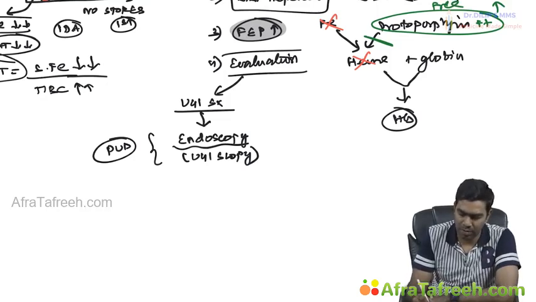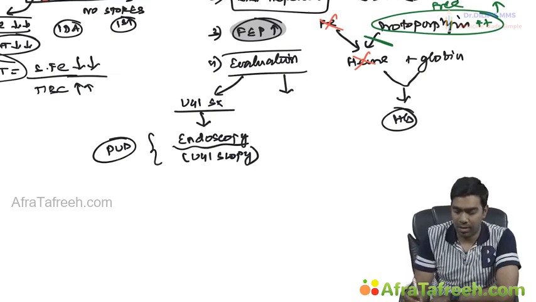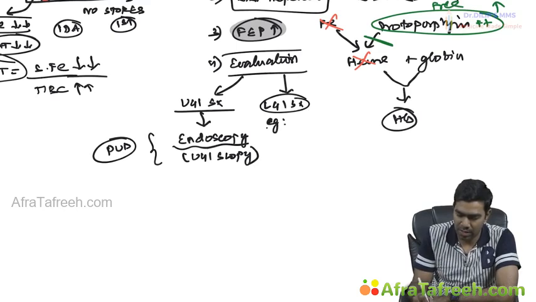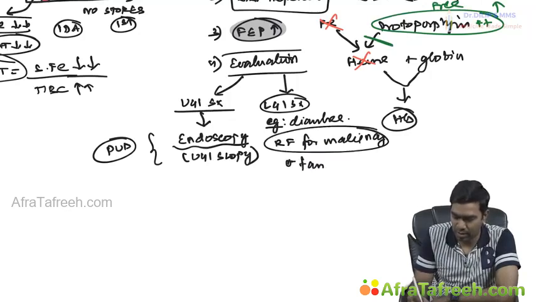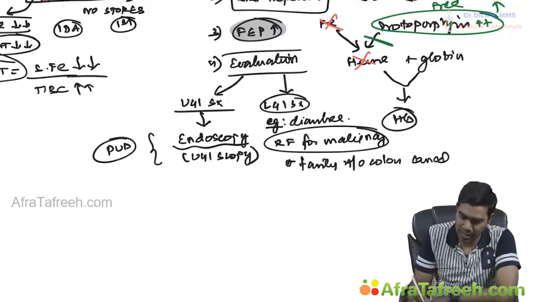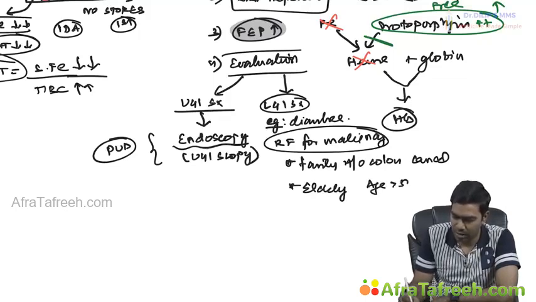There may be existent peptic ulcer, atrophic gastritis, a lot of things you can diagnose through upper GI endoscopy. Or if the patient is having lower gastrointestinal symptoms, typically for example chronic diarrhea, or if the patient has risk factors for malignancy, in the sense family history of colon cancer, or if the patient is an elderly patient, age more than 50.